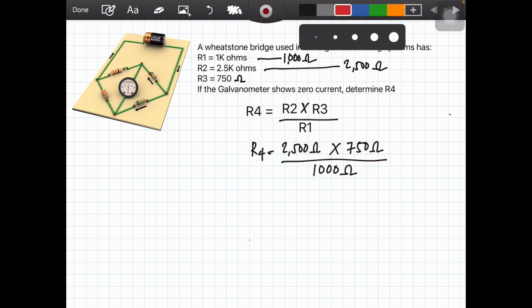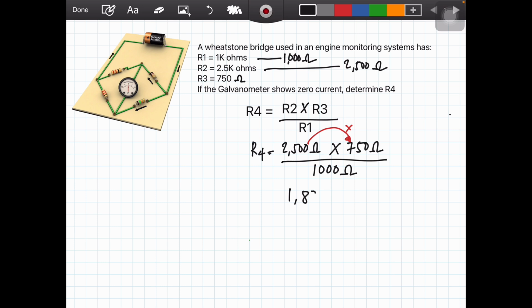Now, we multiply 2,500 ohms by 750 ohms, and we get 1,875,000 ohms. That's a lot, right?